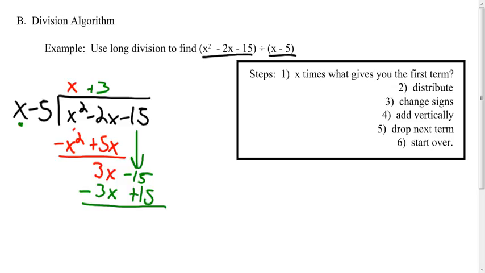So now, when we solve, our negative 15 plus 15 becomes 0. Our 3x minus 3x becomes 0, which means there is no remainder. And our answer is just x plus 3. So the polynomial x squared minus 2x minus 15 divided by x minus 5 gives us the answer of x plus 3.